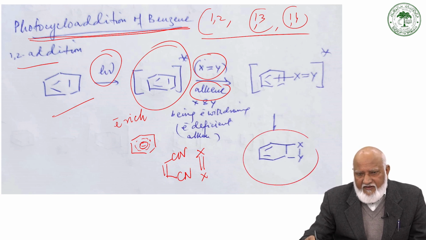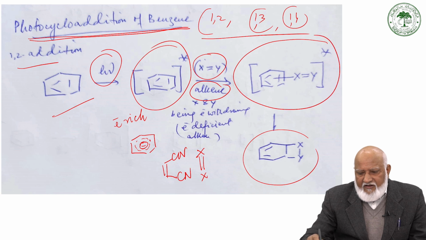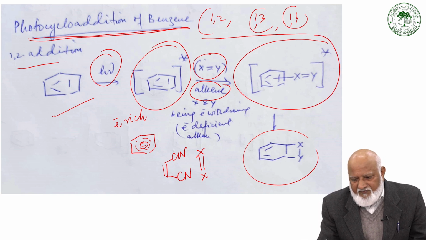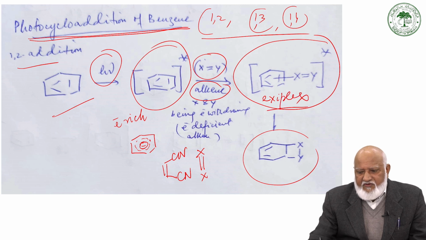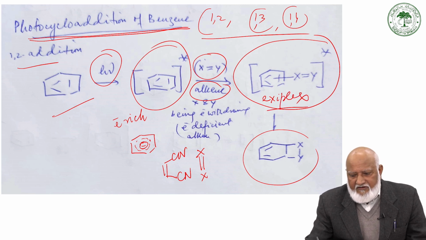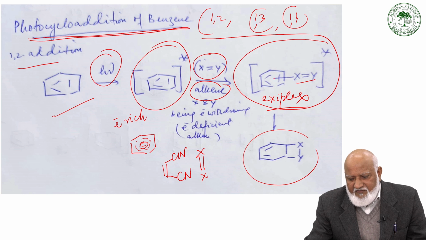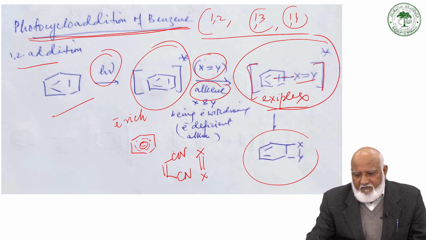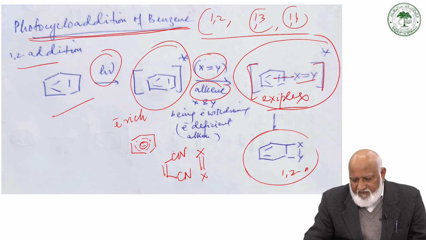It has also been assumed that the reaction proceeds via an exciplex formation. An exciplex, for instance, is a pi complex. The electron deficient alkene forms a pi complex with the benzene ring, and then this will add at the 1,2 position, giving rise to a 1,2 addition product.